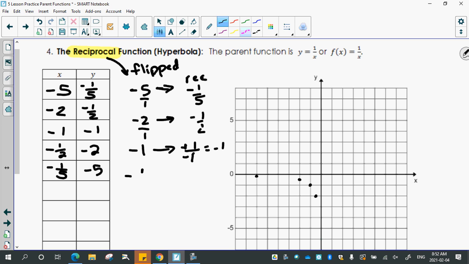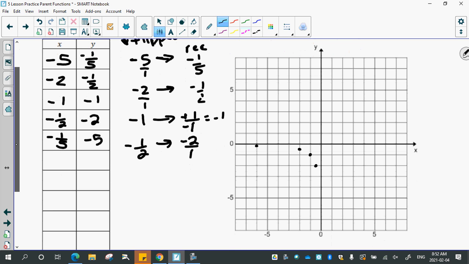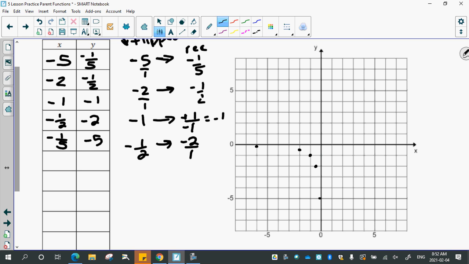If I put -1/2 in and take the reciprocal, I get -2 over 1. Okay, so I'm just flipping it each time. So -1/5 and -5. So -1/5 is just a little bit to this side of the y-axis, and -5 is 1, 2, 3, 4. So that's where my point would be, like almost, but not quite touching. Okay.